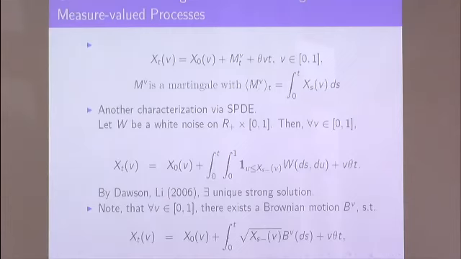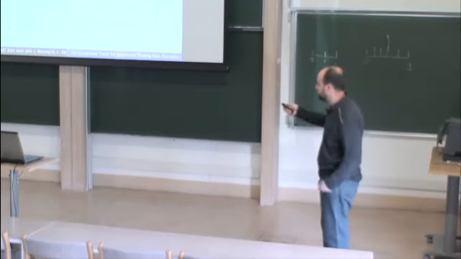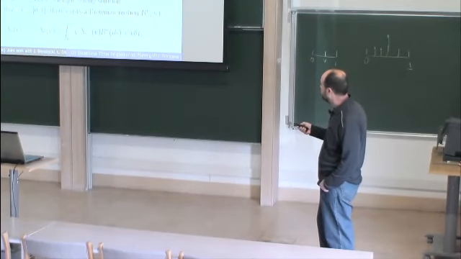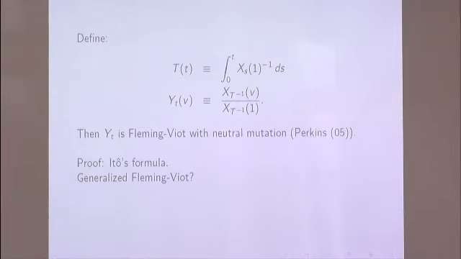If I have this process, again this measure-valued process, and X_t(v) is the distribution function, then I can define the time change based on the total mass of the process.